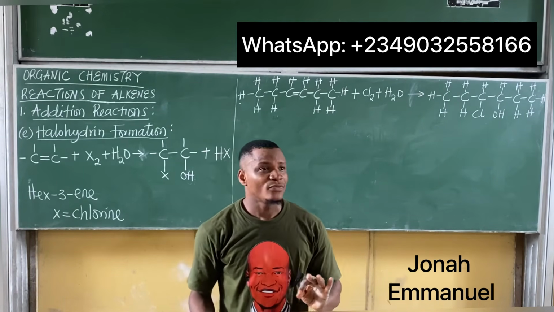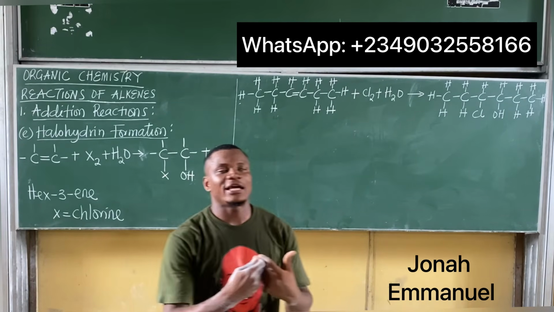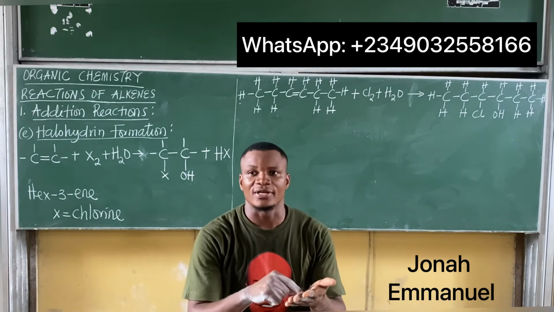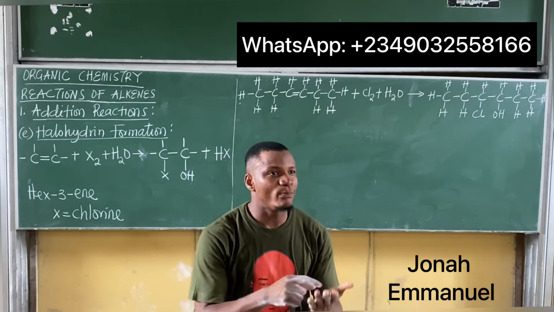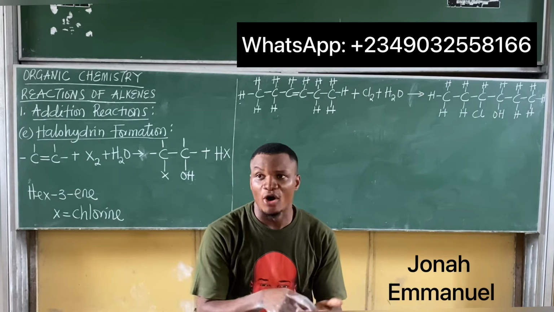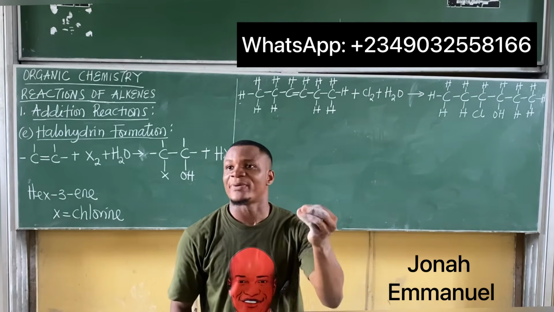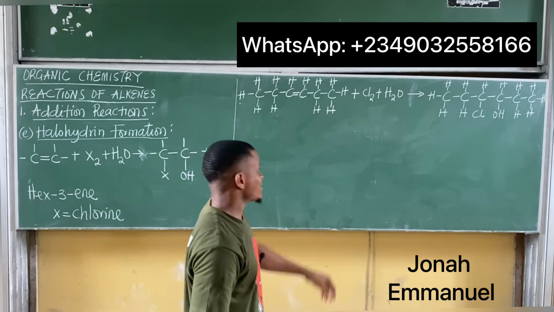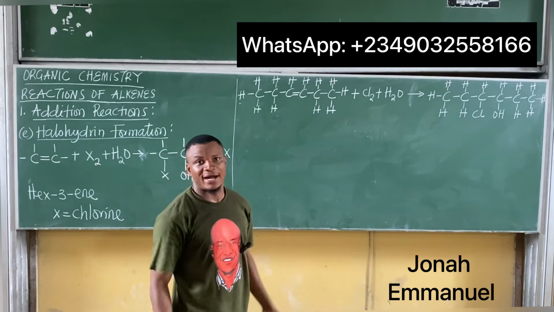But listen, the idea of taking the substituent as priority is only for alkenes. For alkenes, your double bond is the priority. For alkynes, the triple bond is the priority. For alcohols, the OH is your priority. In other words, I will name this in such a way that the OH gets the smaller number.